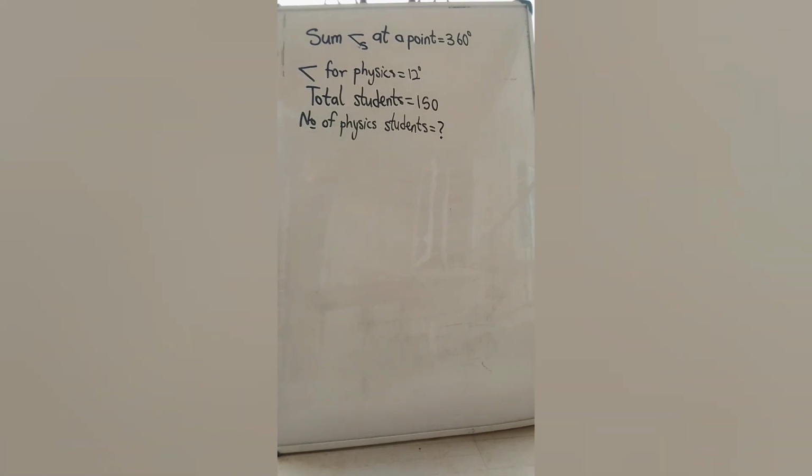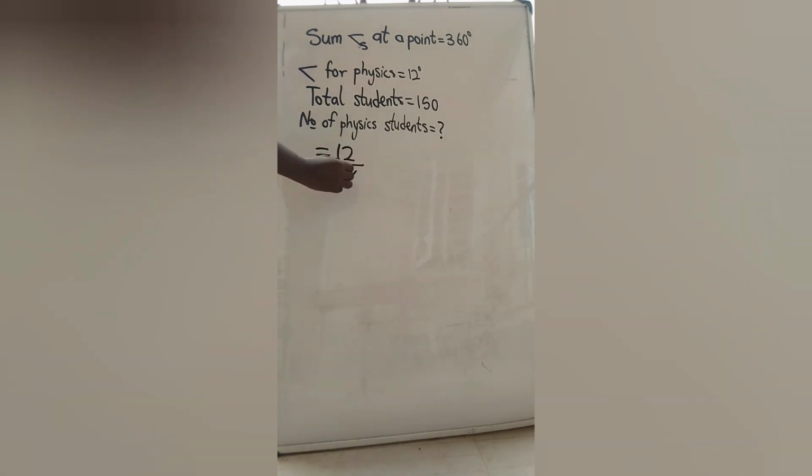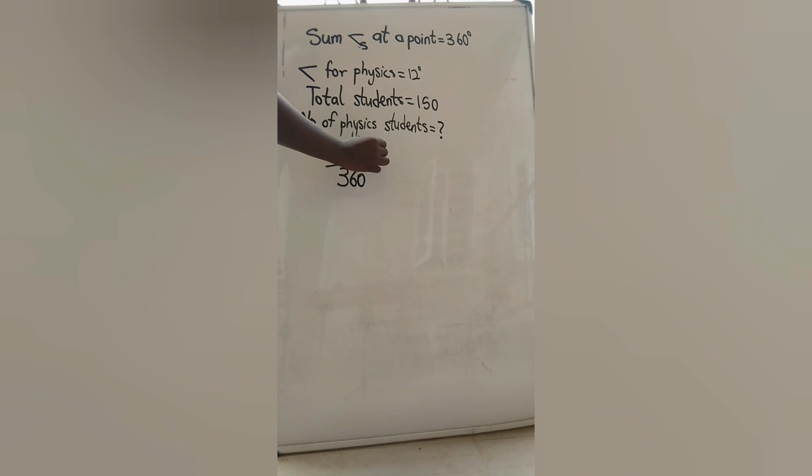Now we are asked to find the number of students offering physics. So the angle for physics all over 360, 12 degrees over 360 times the total number of students, which is 150, all over 1.